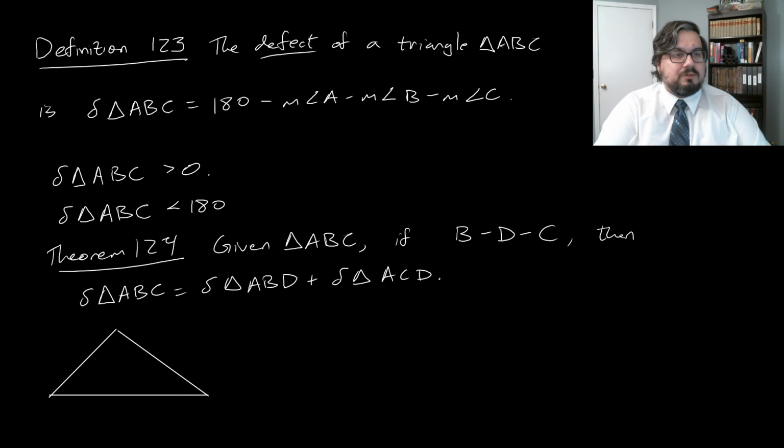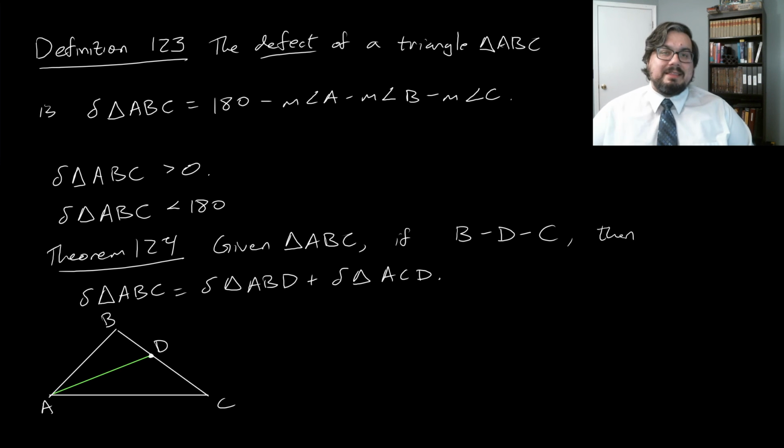So if we take some triangle like this, A, B, C, D, this is saying that we can find the defect of the large triangle by adding up the defects of the smaller ones.